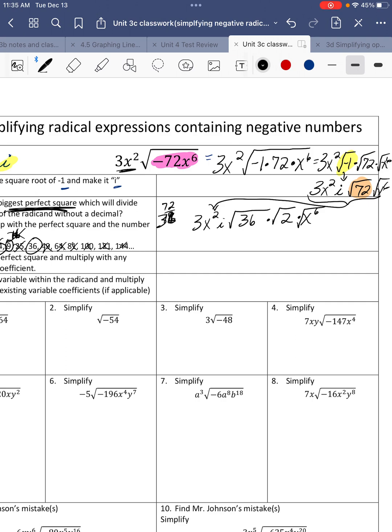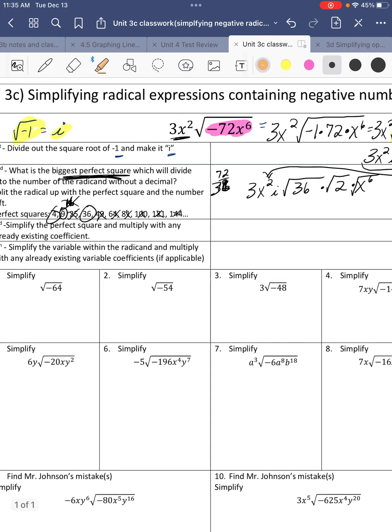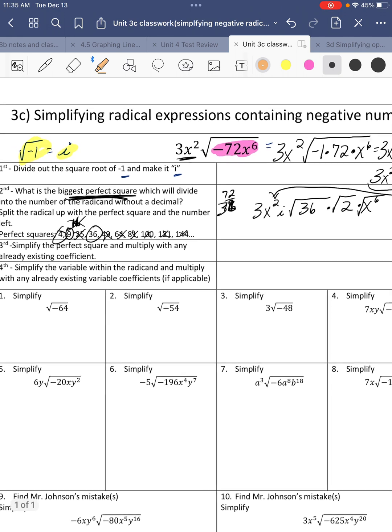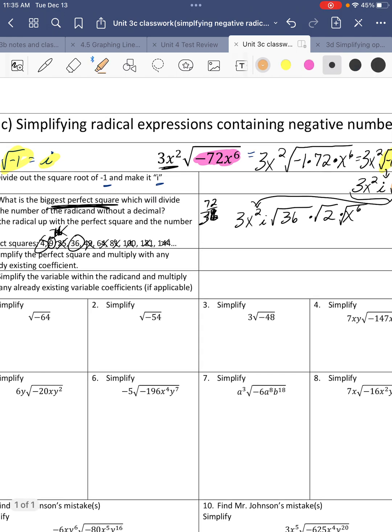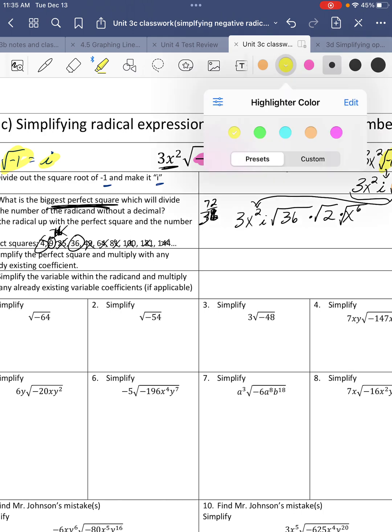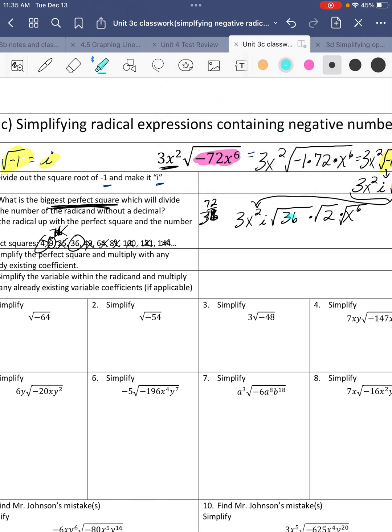We then are going to break this down further, and the square root of 36 is 6. That's going to come out. 3 times 6, x squared.